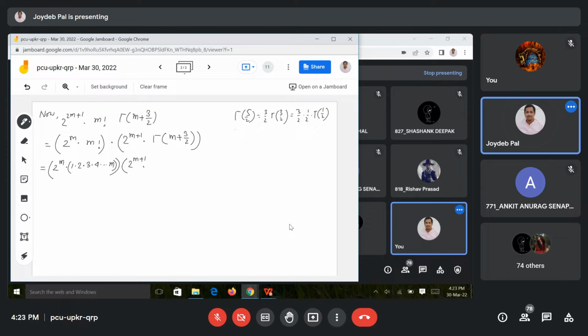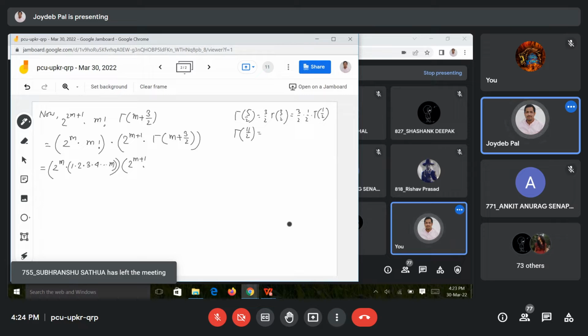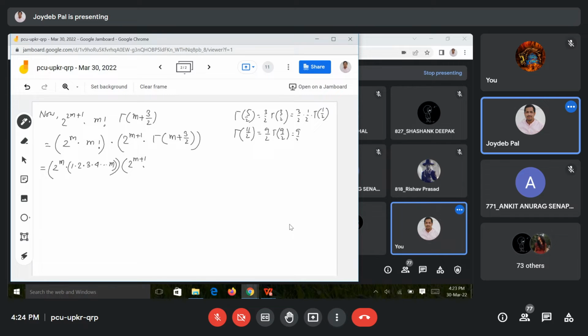Similarly, gamma say 11 by 2. So gamma 11 by 2, that is 1 plus 9 by 2. So 9 by 2 gamma 9 by 2. Then again gamma 9 by 2 can be written 7 by 2 gamma 7 by 2.